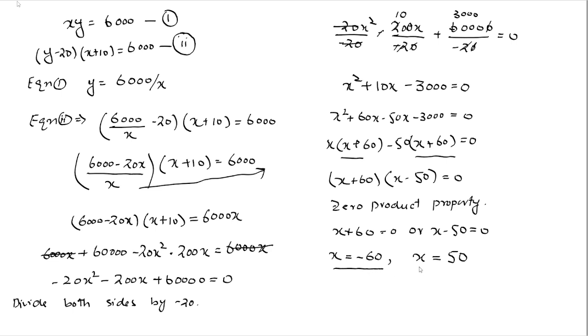The plus sign shows that he has purchased the shares. So we will neglect the negative value, because it is a purchase and it is a physical quantity. So a purchase, being a physical quantity, can never be negative. So the number of shares that he has purchased is 50.